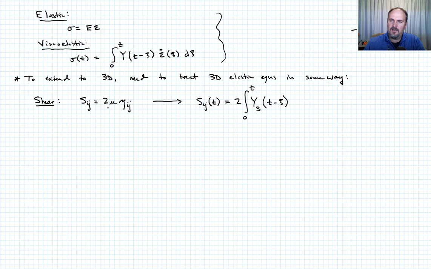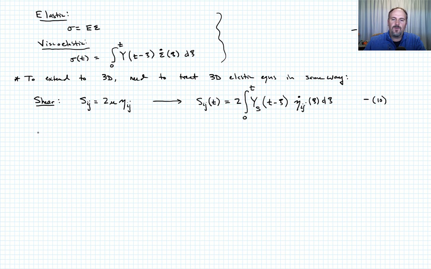And then where we had strain moving to strain rate, we still have that, except now it's a tensor form. It's the deviatoric strain rate, which I will still remind you is a function of c, dc. Call that equation 10.